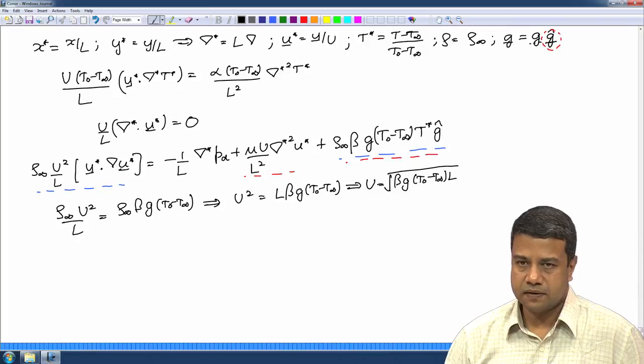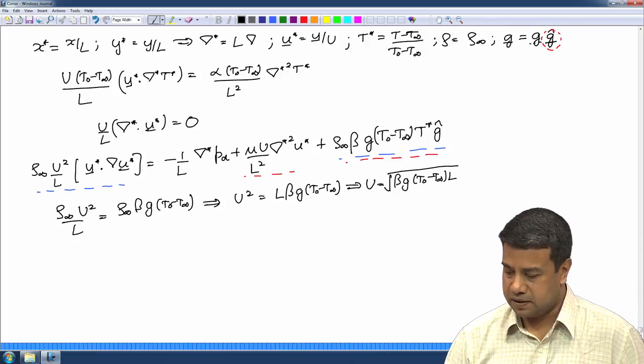So, that is the scale for the velocity that I get by balancing out the inertial and the body force terms.